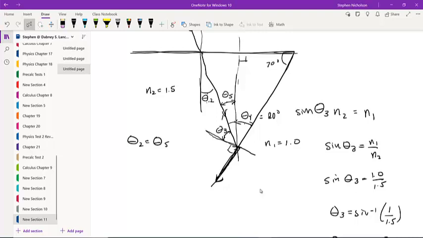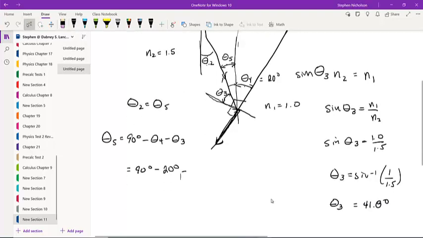So we know that theta 5 is equal to, we have a 90 degree angle here, so it's going to be 90 minus theta 4, which is 20 degrees, minus theta 3, which we just calculated. So that's going to be 90 minus 20, minus 41.8 degrees.